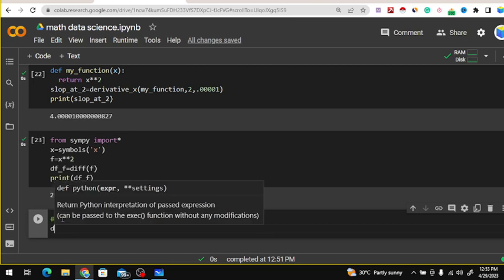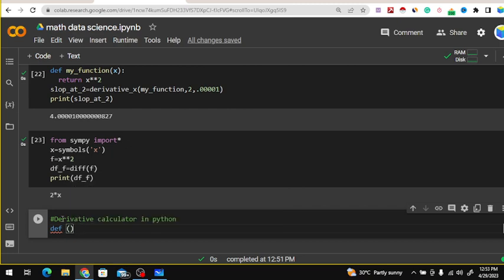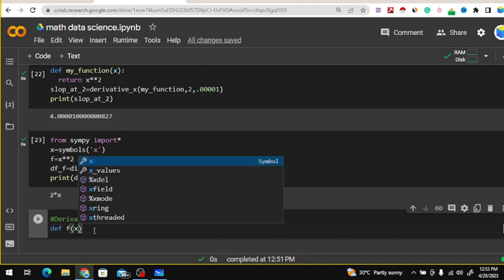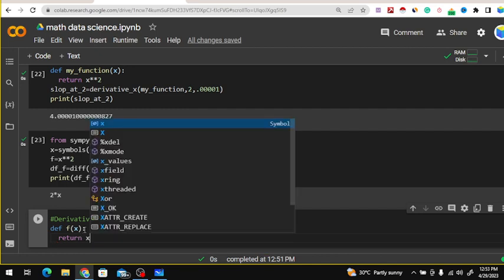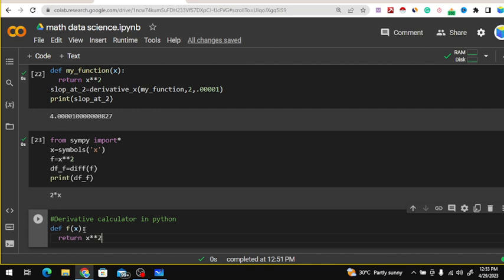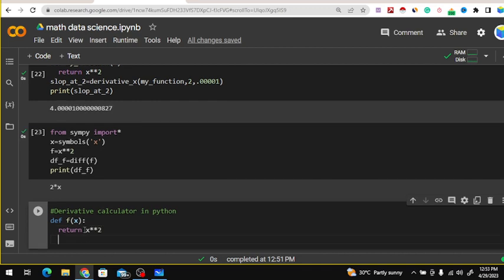It's a def, and we are going to create a function. So def f(x): return x squared, just as discussed here.